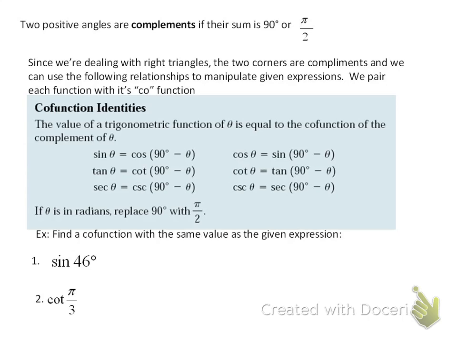Okay, and that's always true. So for example, if I'm finding the sine of a 70-degree angle, that's the same thing as finding the cosine of a 20-degree angle. Okay? Again, we're just manipulating right now. We're going to talk about applying tomorrow.